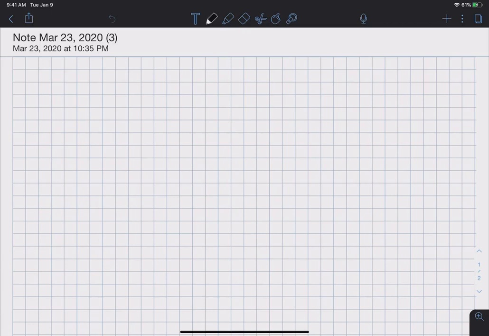Okay, so now we're going to do an example problem. The example is 5-32 in the textbook.